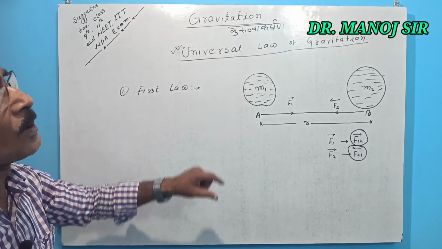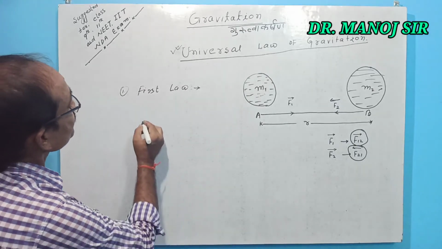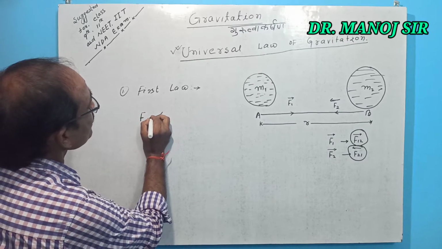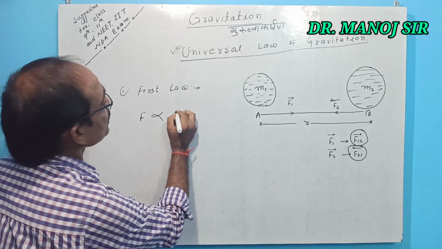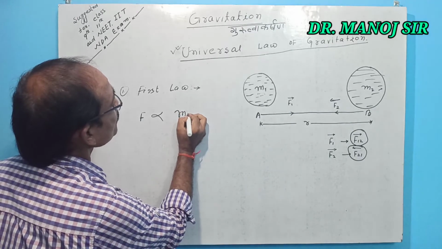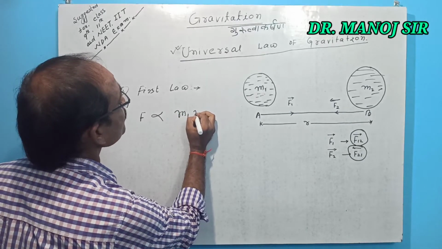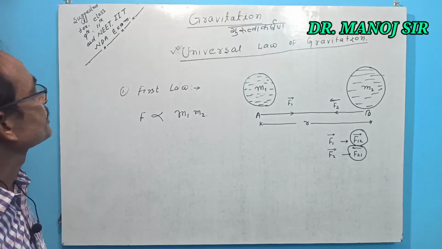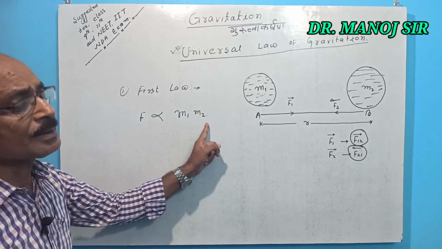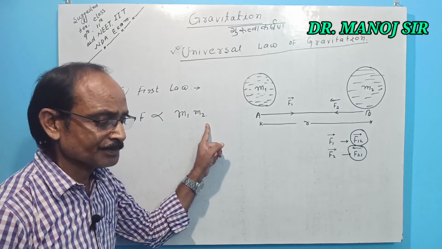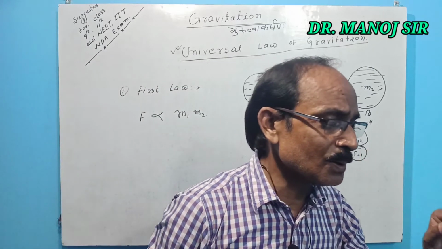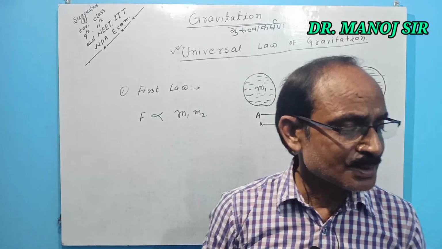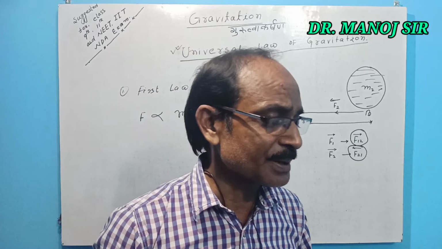According to the first law, the applied force F is directly proportional to the product of their masses. F varies as M1 M2. This is Newton's first law for gravitation.